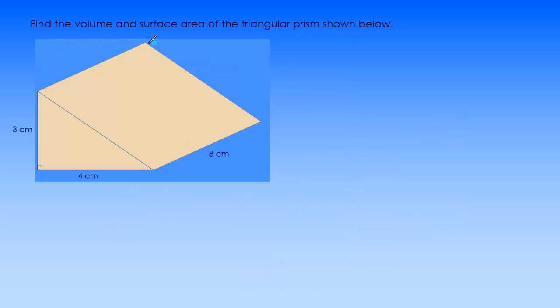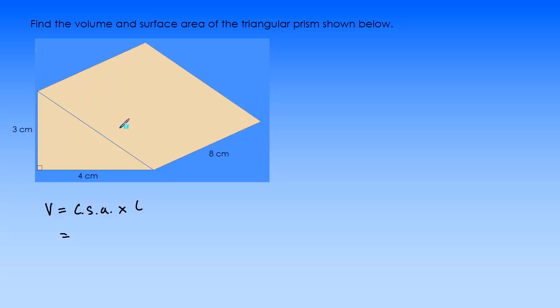Now we want to find the volume and surface area of the triangular prism shown below. So the volume is once again cross-sectional area multiplied by length. This time the cross-section has to be the triangle. If we sliced it along these lines, we just get a rectangle that's getting smaller, so that wouldn't show us a prism type structure.